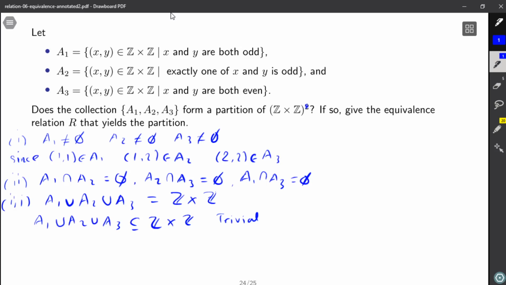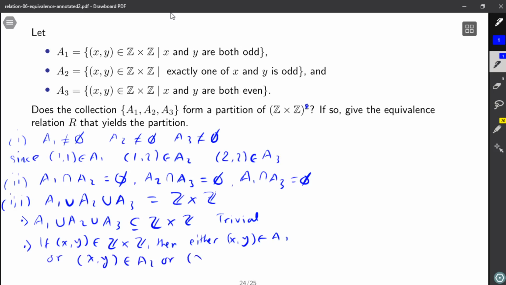How about the other way around? If x comma y is a pair of integers, then it must be the case that either x comma y is in A1 or x comma y is in A2 or x comma y is in A3, because those three conditions on each of A1, A2 and A3 are the only conditions that hold, three disjoint conditions that could hold for all pairs of integers, right?